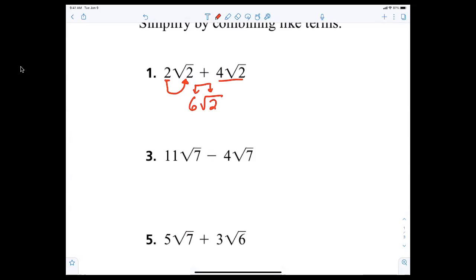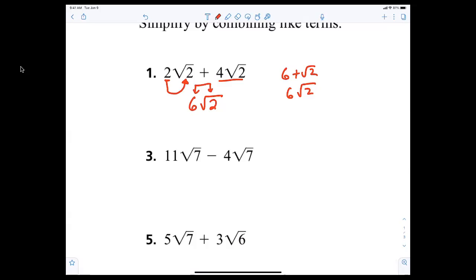It is multiplication. If it was addition, it would be written as 6 plus radical 2. But when we say 6 times radical 2, we don't put the symbol in there. So that is 6 radical 2, which is technically 6 times the square root of 2.